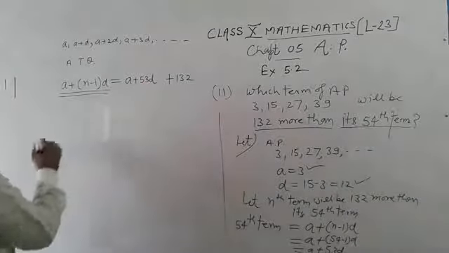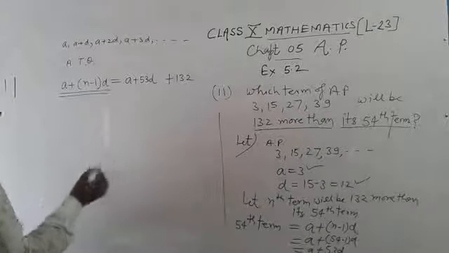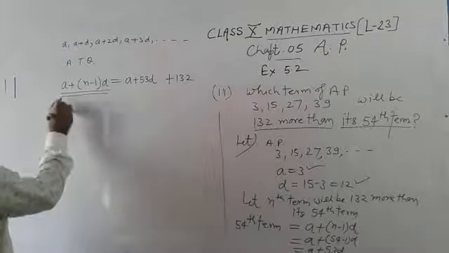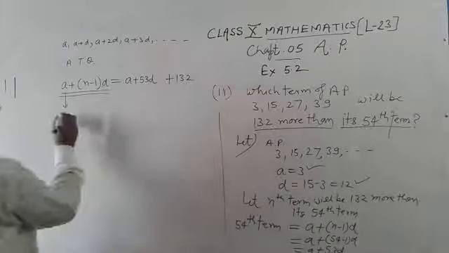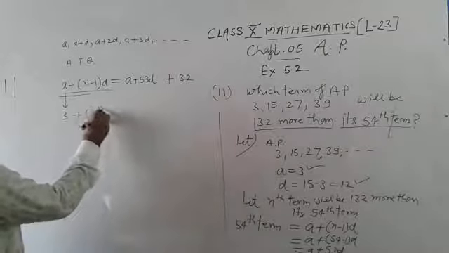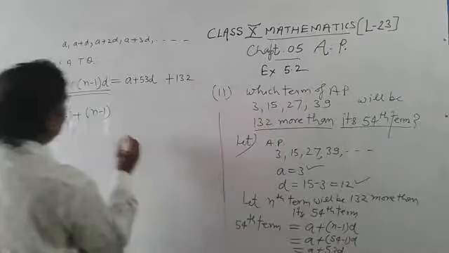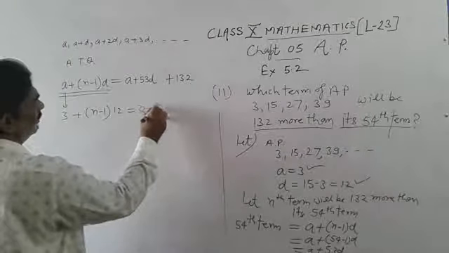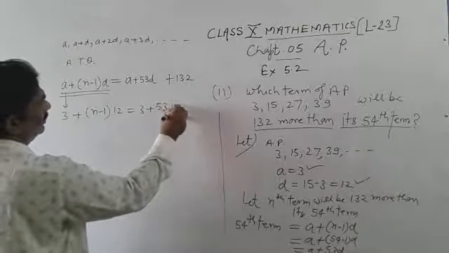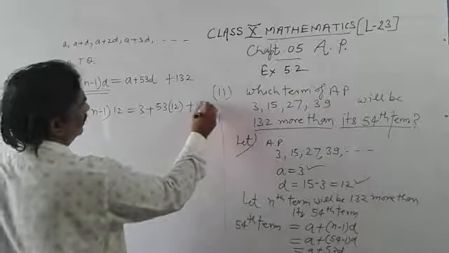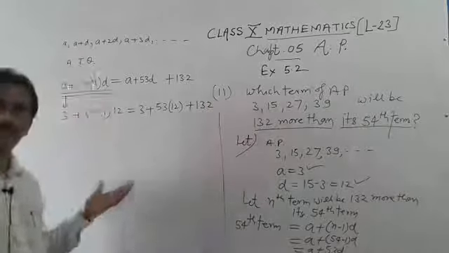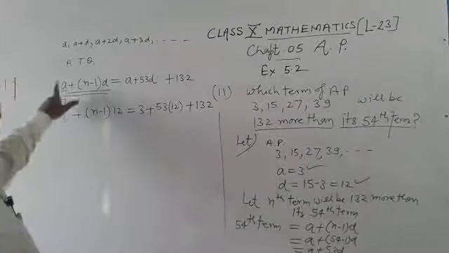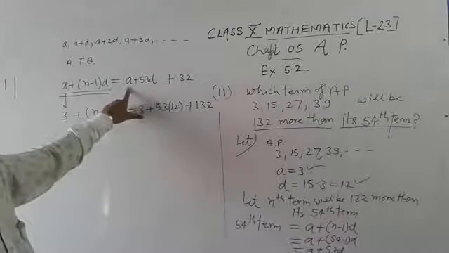Now put in the values. Here a is 3, so 3 plus n minus 1 into d, which is 12, is equal to 3 plus 53 times 12 plus 132. You can put in the value of a, or initially you can cancel a from both sides.